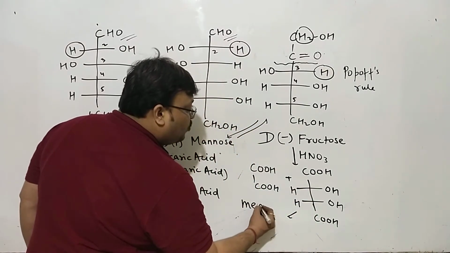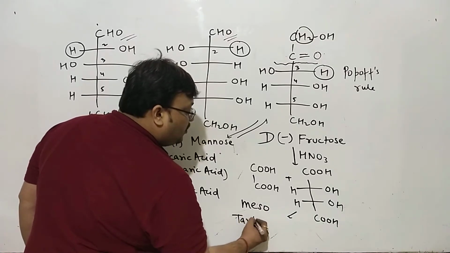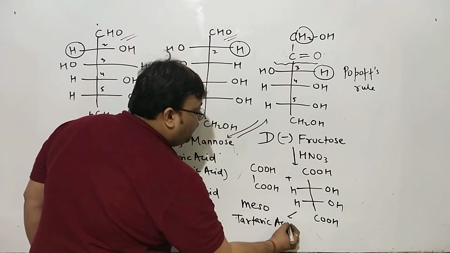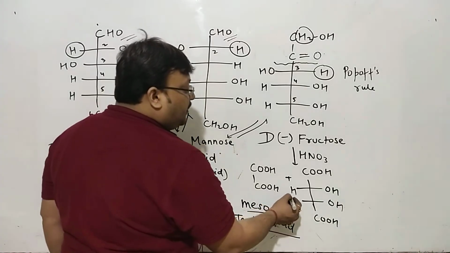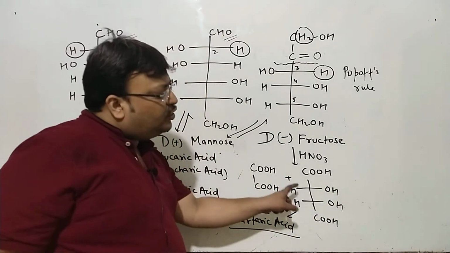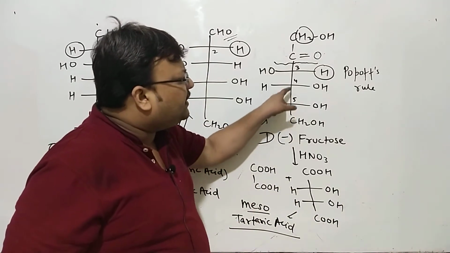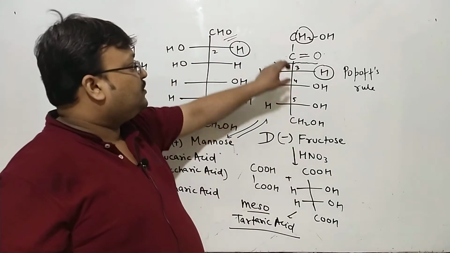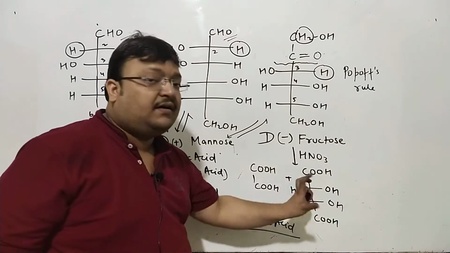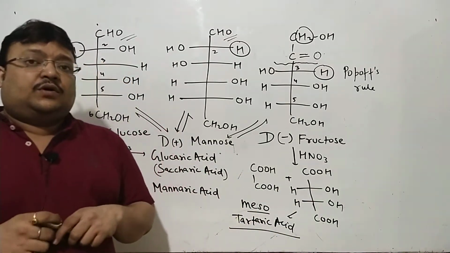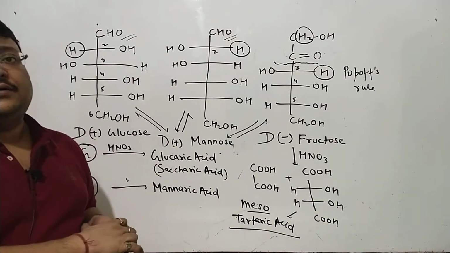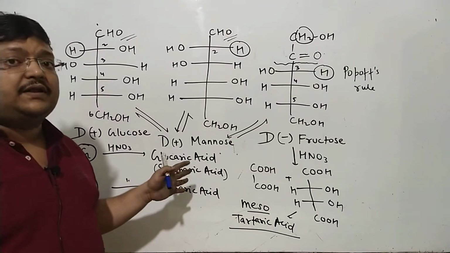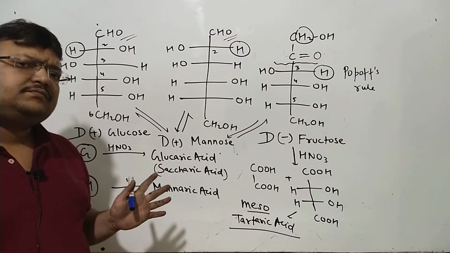You know about tartaric acid, this will be meso-tartaric acid having a plane of symmetry. That will also prove that carbon 4 and 5 have identical configuration. Naturally, this gets oxidized to COOH. Two fragments, oxalic acid and tartaric acid. So this is how the three popular carbohydrates react with nitric acid.